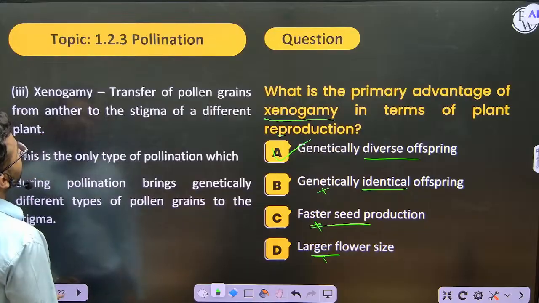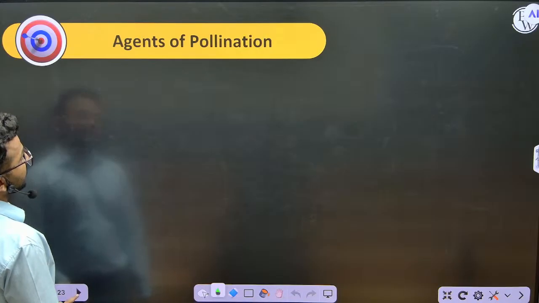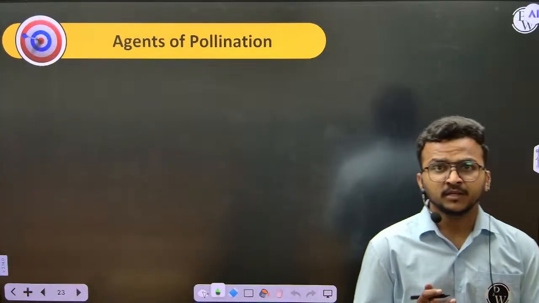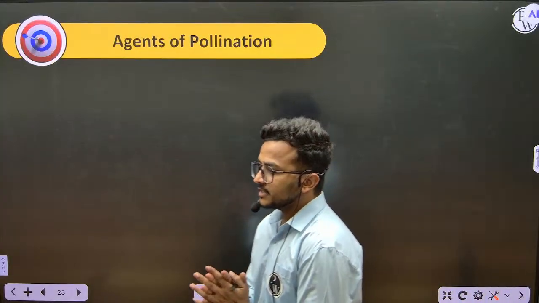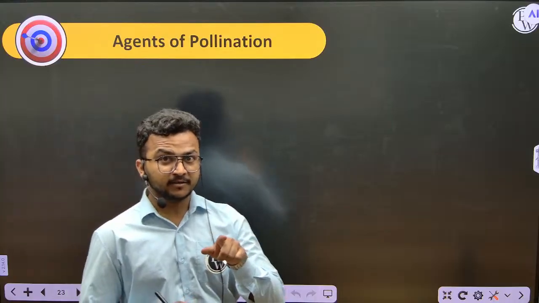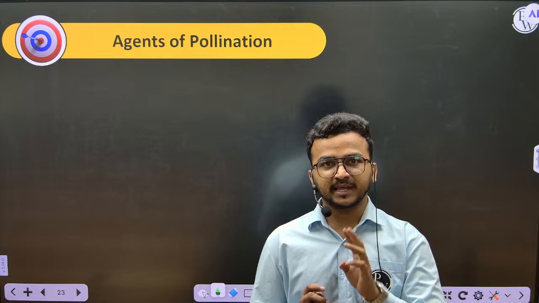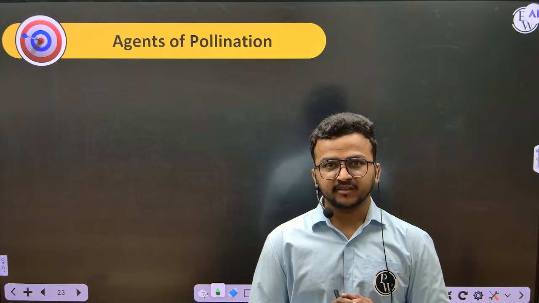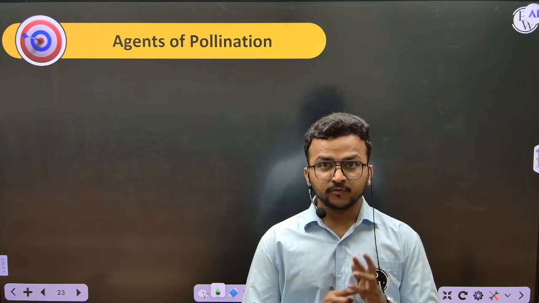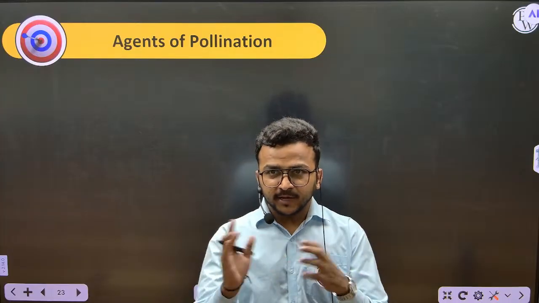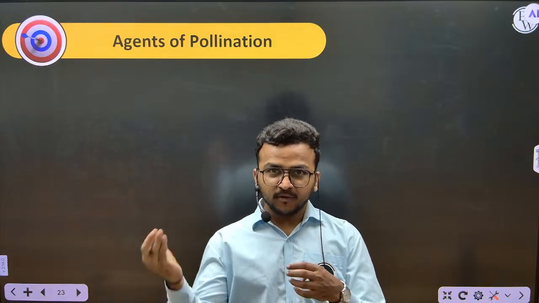So next we will be seeing agents of pollination. We know that the pollen grain is not motile, and even the female gametophyte, that is the embryo sac, is also not motile. So there is the involvement of some medium of transfer.